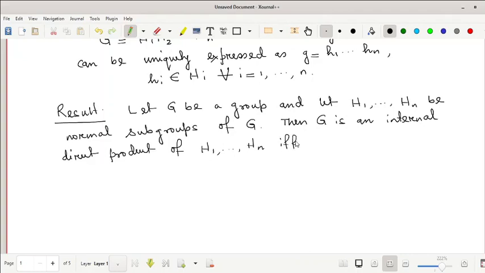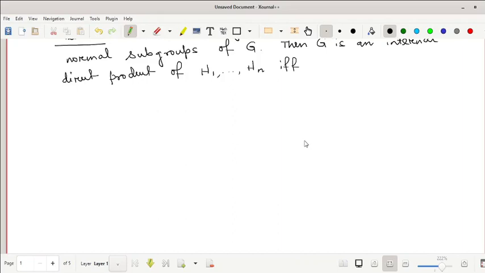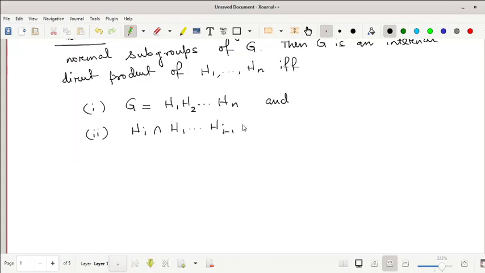if and only if number 1, G equals H1 H2 ... Hn, and number 2, the intersection of Hi with H1 H2 ... Hi minus 1, Hi plus 1 ... Hn must be the trivial subgroup.